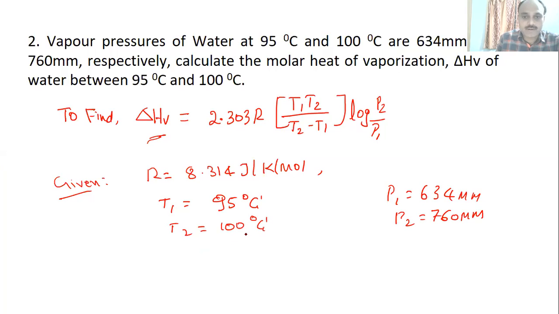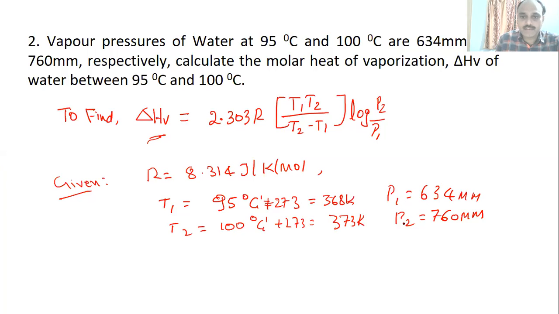Now, since the gas constant is in Kelvin, you can convert this into Kelvin. You can add 273. You will get 368 Kelvin. And plus 273, you will get 373 Kelvin.